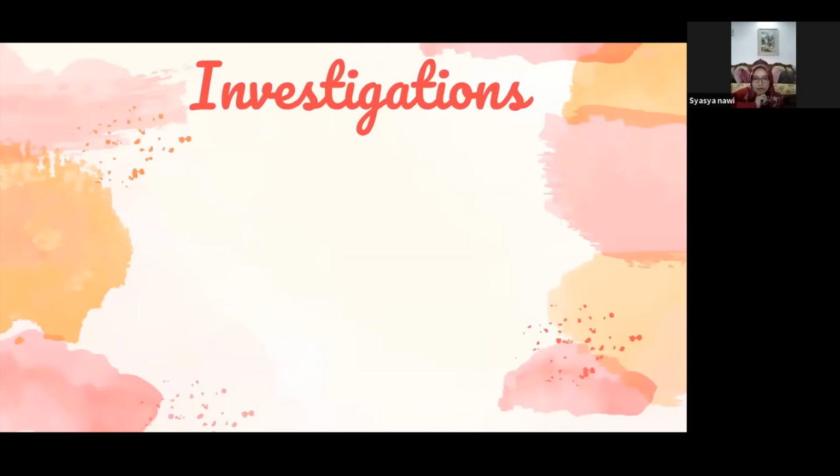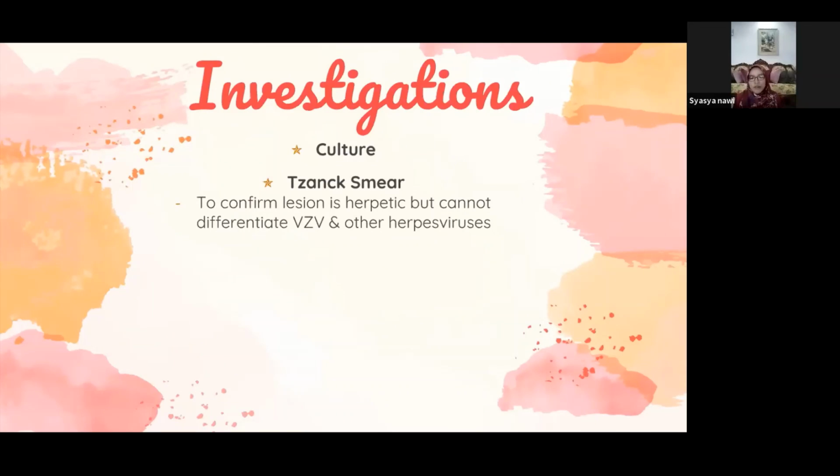Next, for the investigations, we have the culture and the Tzanck smear. Tzanck smear is basically to confirm whether the lesion is herpetic or not, but it cannot differentiate between varicella zoster virus infection and other herpes virus infections.